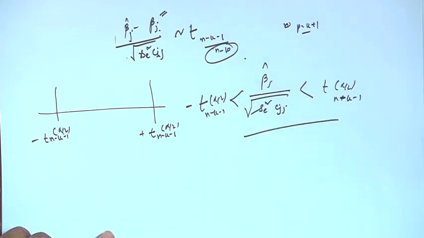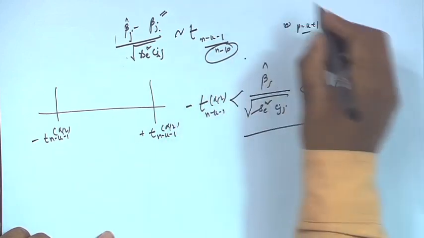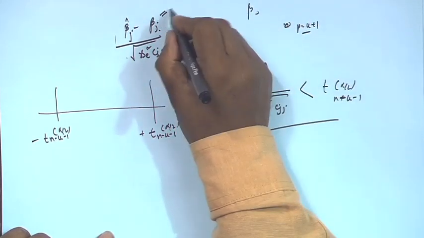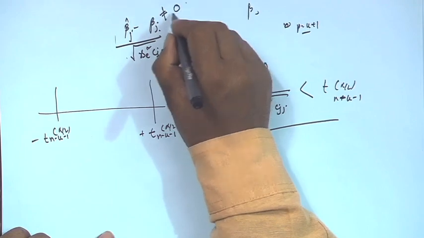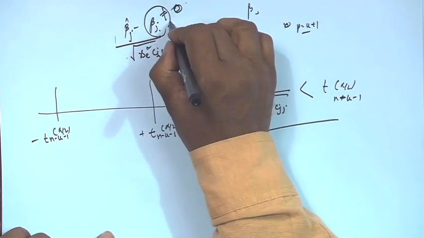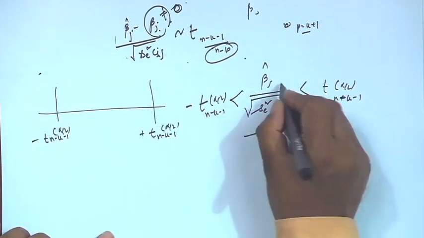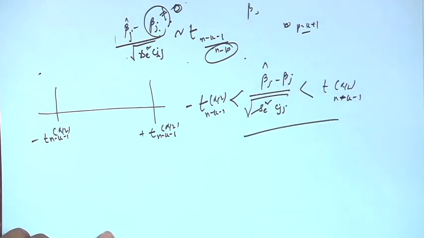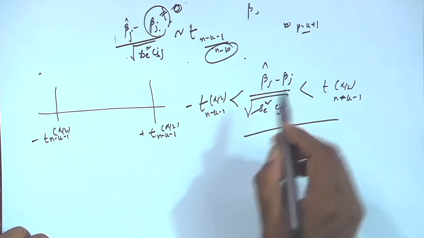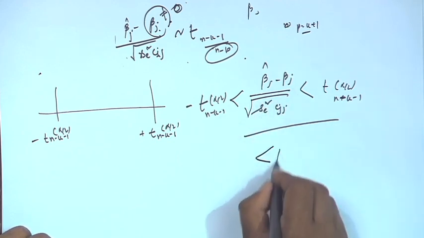Now, we want the interval for beta j. So, we will not put 0, we will keep it as it is. Under H0 it is 0, that is why we did the test. So, we will write this minus beta j. Understood? We want the interval for beta j.